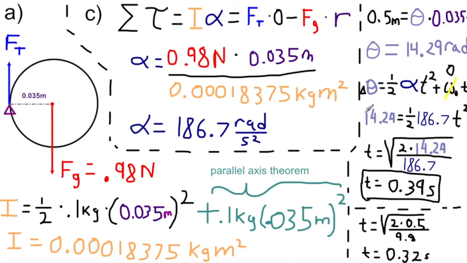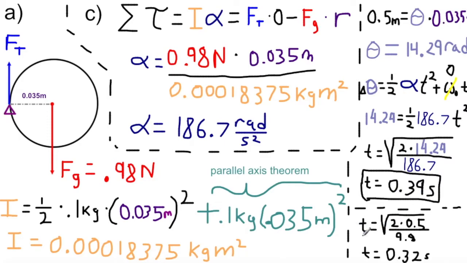So delta theta is 14.39 radians, as we found earlier, equals 1/2 angular acceleration, 186.7 radians per second squared, times time squared. So rearrange and solve for time would give you square root of 2 times 14.39 divided by 186.7, which comes out to a time of 0.39 seconds. All right, so it's going to take the unwinding yo-yo 0.39 seconds to fall.